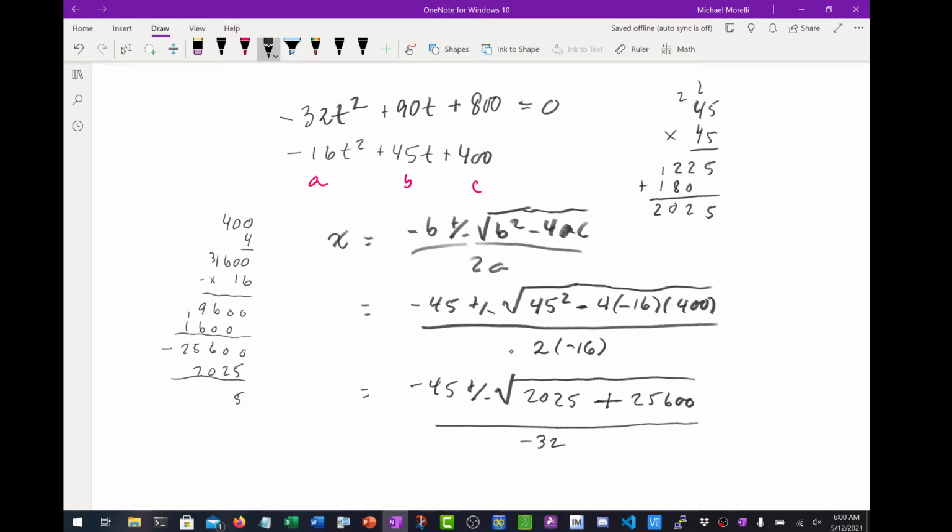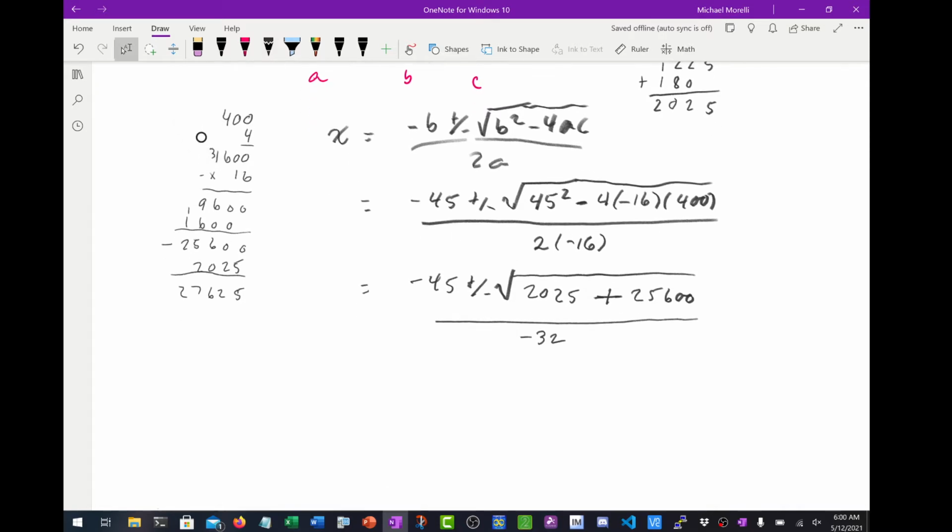That's 27,625. It's going to be negative 45 plus or minus the square root of 27,625, all divided by negative 32.